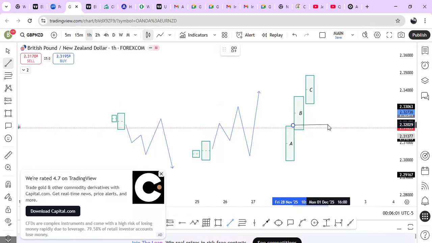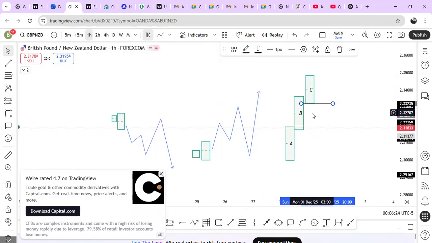Then candle C's low, overlapping with B, extending to the future. You can see we have a gap created here. So this gap is called a fair value gap.